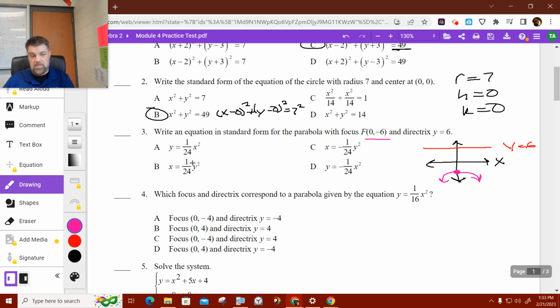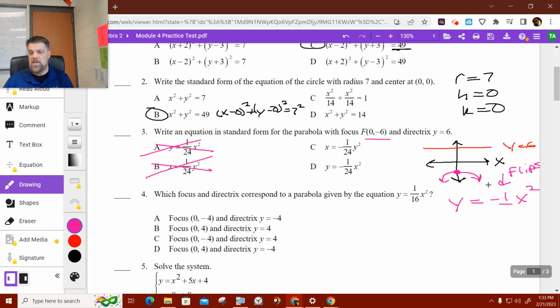That means that this first term is negative. So it's not this one, and it's not this one, because remember the A term would have to be negative in order for it to flip down, right? So this flips down. And then P is this. So it's either C or D. Well, this is y equals negative 1 over 24, x squared, and we'll talk about where the 24 comes from.